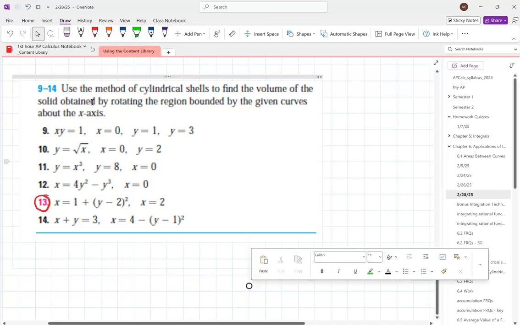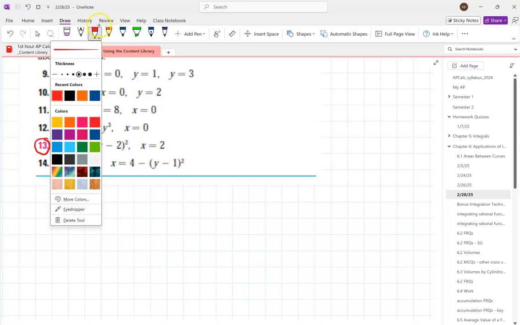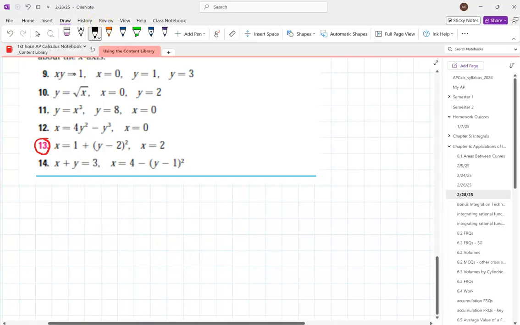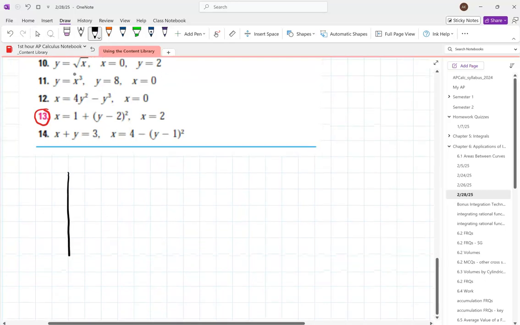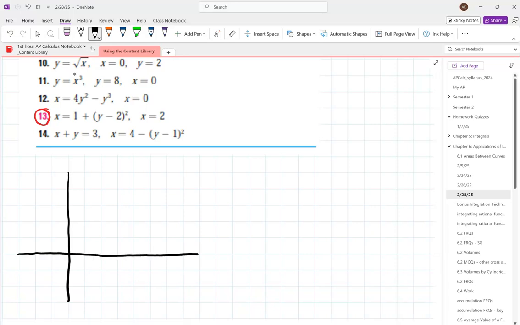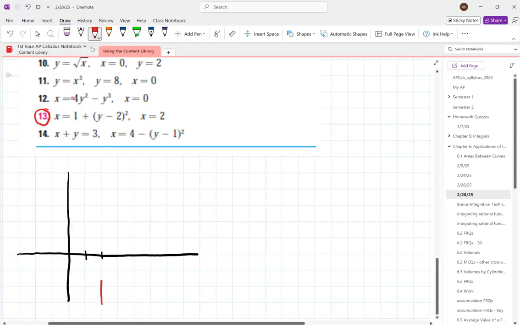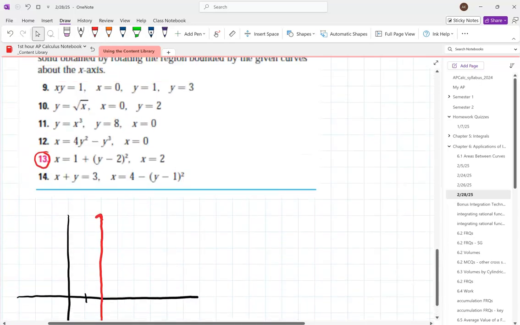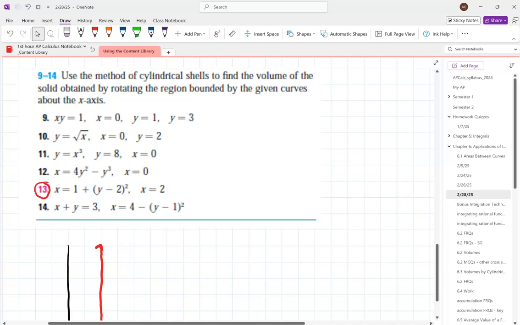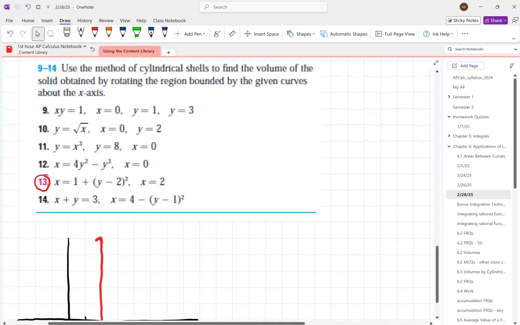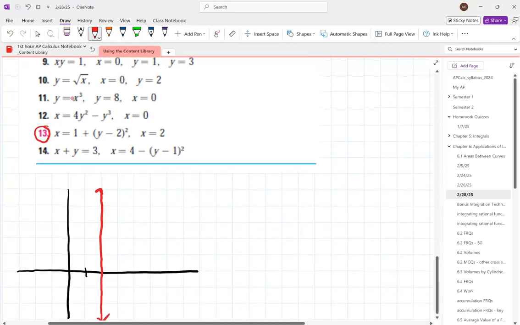All right, so I want to start by sketching myself a picture of what's going on. And we're going to be finding the volume by rotating the region bounded by the given curves about the x-axis.